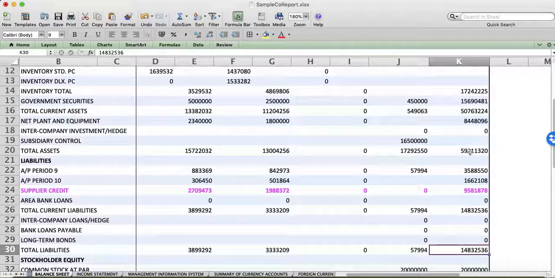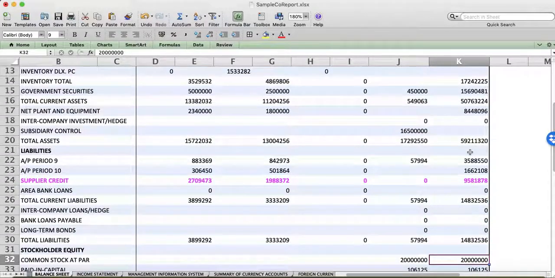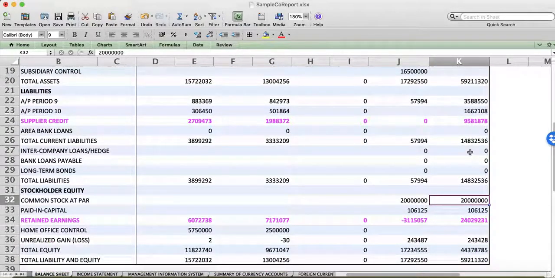When we get to equity, it's a little bit more complicated because there are some elements that are only present in the home office. That's the case, of course, of the common stock, the initial equity that was given to your company by investors.